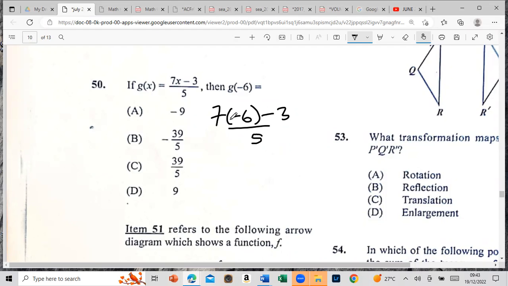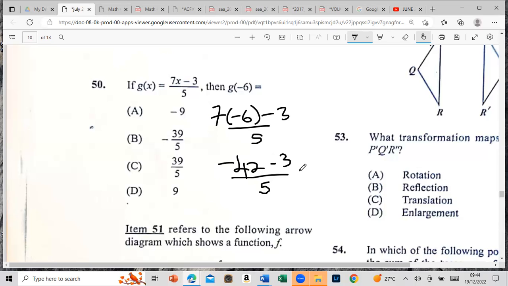The bracket means to multiply, so 7 times negative 6 gives us negative 42, a positive times a negative. And then we have minus 3, and then we divide by 5.